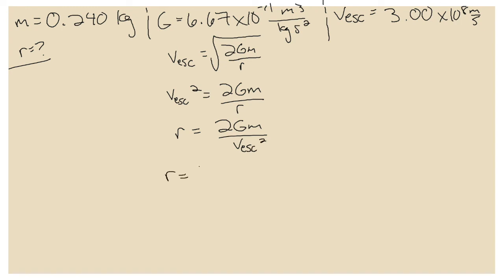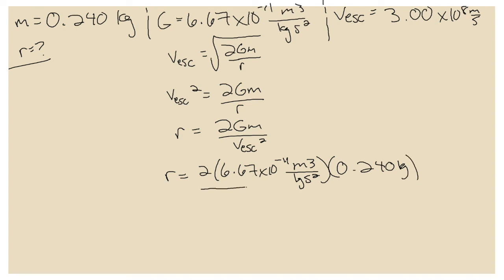And so that gives us r equals 2 times G, 6.67 times 10 to the negative 11 meters cubed per kilogram second squared, times the mass, 0.240 kilograms, over the square of the escape velocity, which here we are using the speed of light in a vacuum. So that would be 3.00 times 10 to the 8 meters per second, squared.